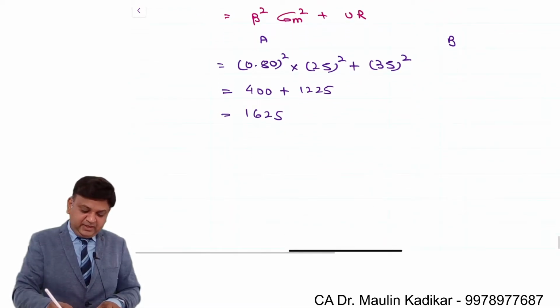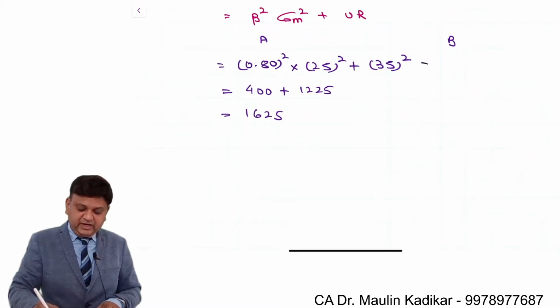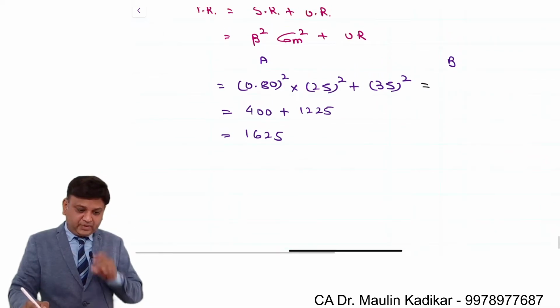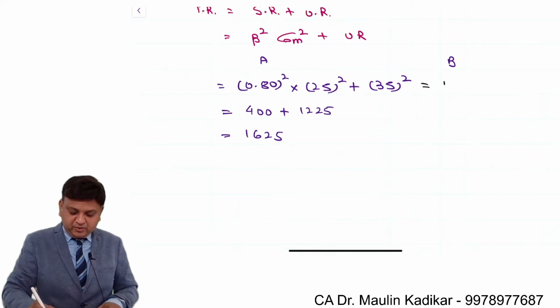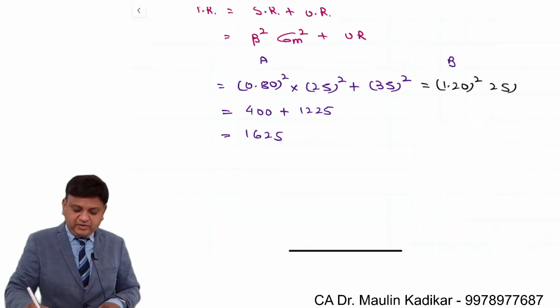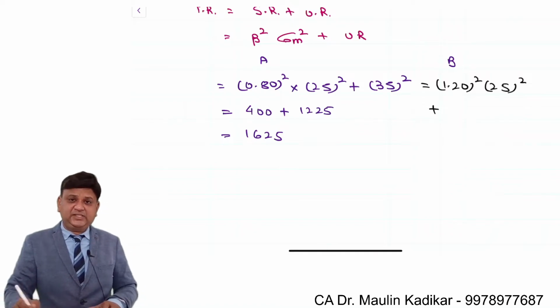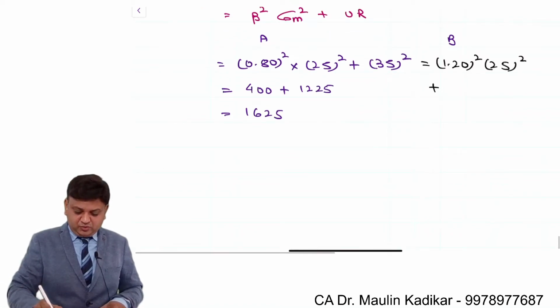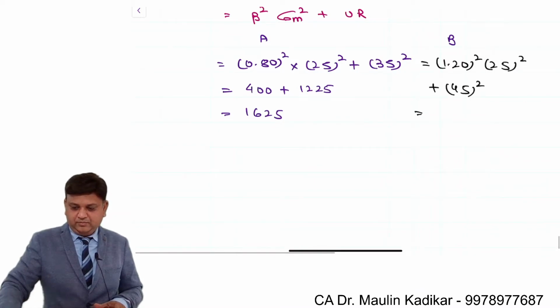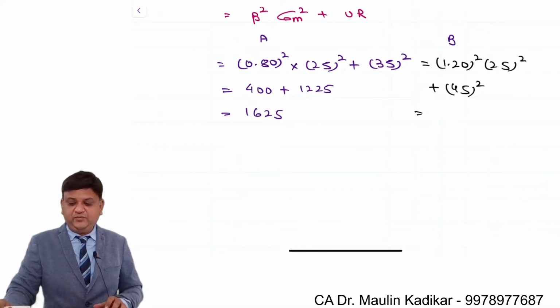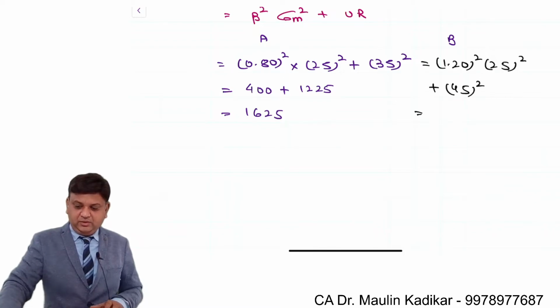In case of security B, we will have similar working. What is beta? It is 1.20 raised to 2 into 25 raised to 2 plus unsystematic risk, 45 raised to 2. So the square of 1.2 is 1.44 into the square of 25.